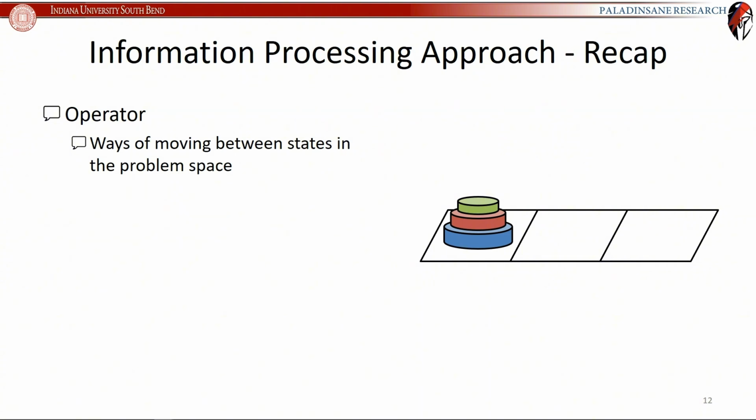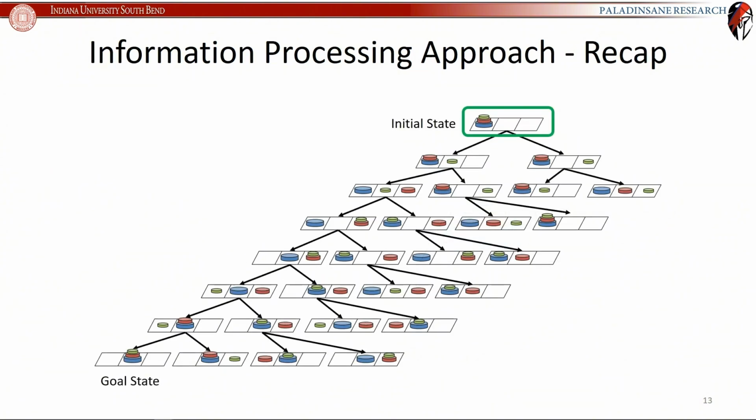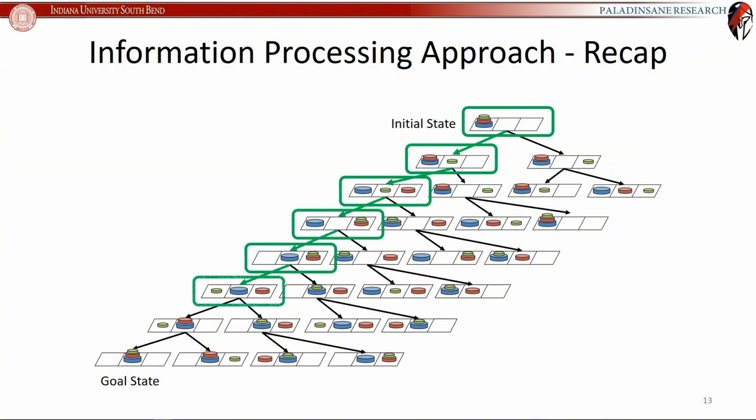Those are the operators. If you put all these components together, you create what is known as a problem space, which shows all the relations between the initial state, the goal state, and all the intermediate states. Solving the problem is finding a path through that problem space from the initial state to the goal state.